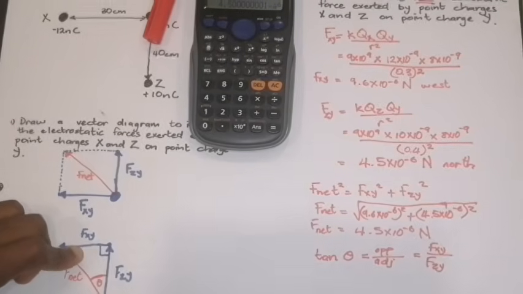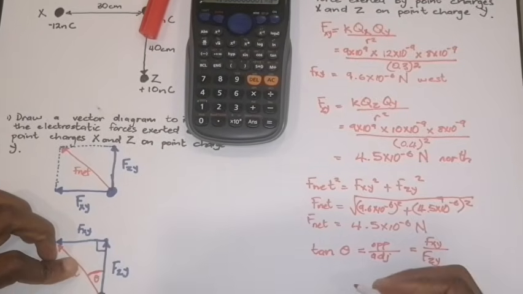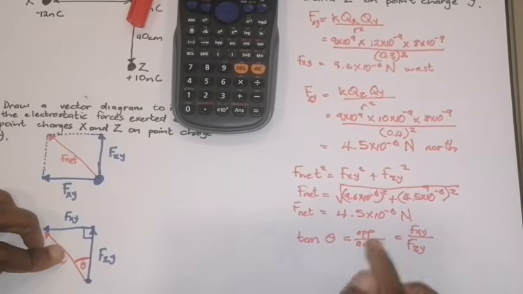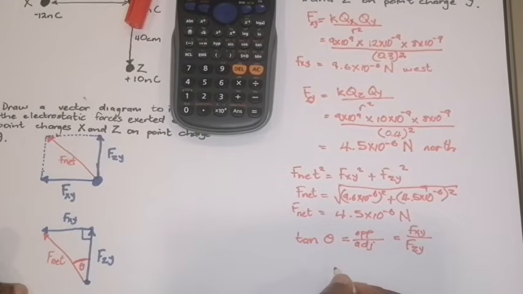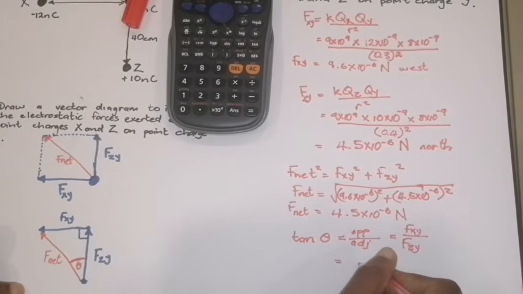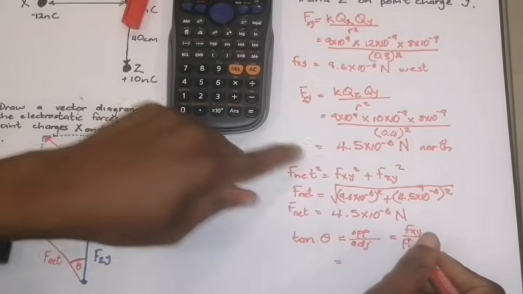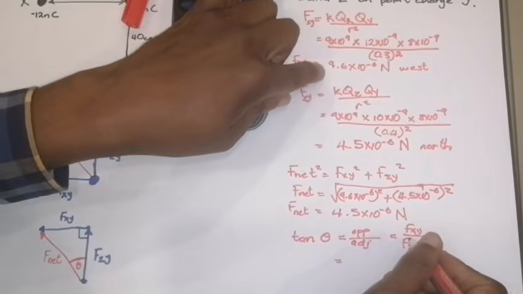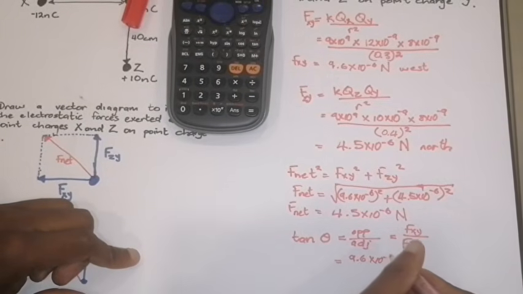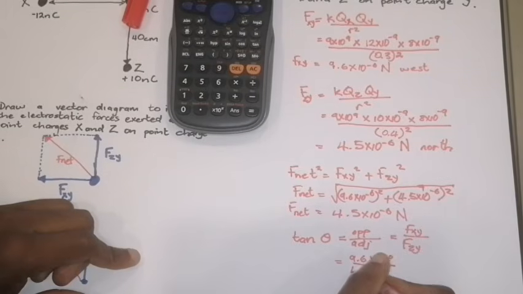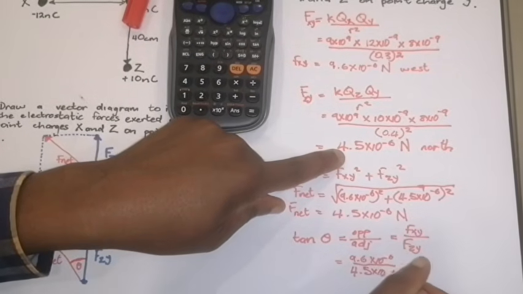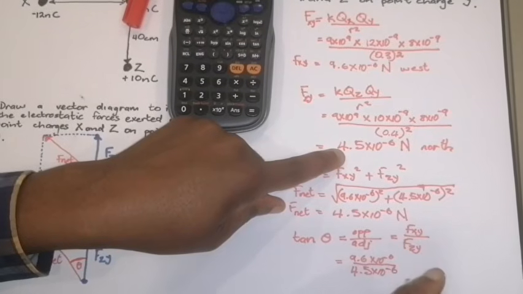I'm struggling just a bit getting to that side of the sheet, so I'm going to pull this up a little so that you can see it. So tan of theta: what's Fxy? My Fxy value, remember, is 9,6 times 10 to the minus 6, divided by 4,5 times 10 to the minus 6 as well.